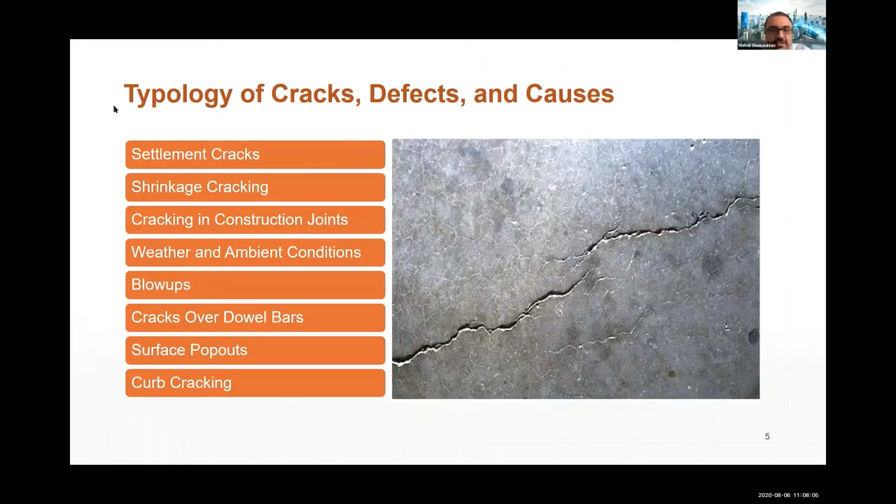And as I told you, phase B is the best phase and best time for taking action on a maintenance plan. So regarding the typology of the cracks and defects and the causes of these cracks, concrete bus pads are basically considered a rigid pavement. We have two types of pavements: flexible pavements like asphalt, and rigid pavements, which are mainly concrete pavements. So as a rigid pavement, in design and repair methods we need to be very careful when designing rigid pavements, which basically use concrete as a material.